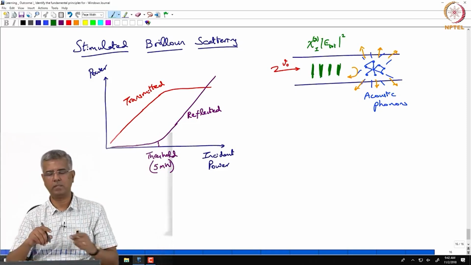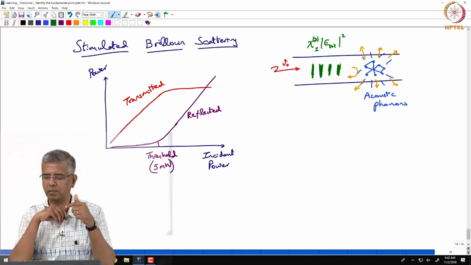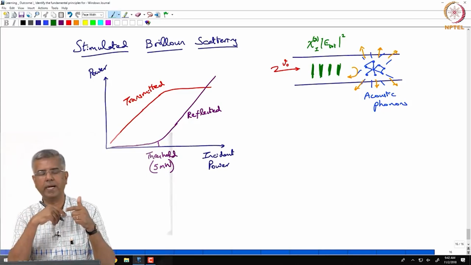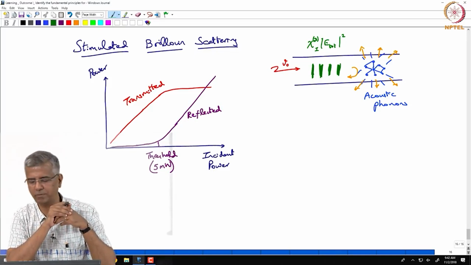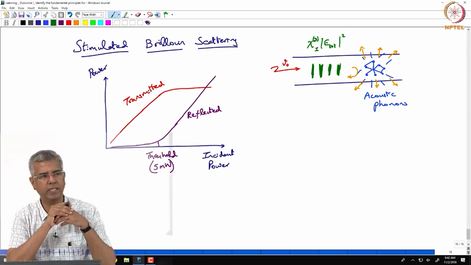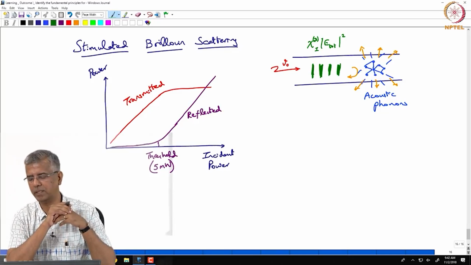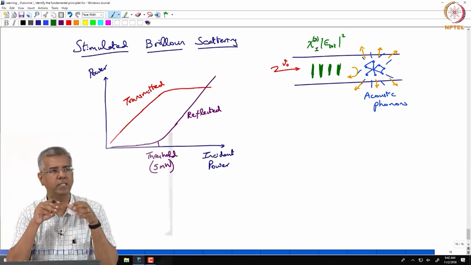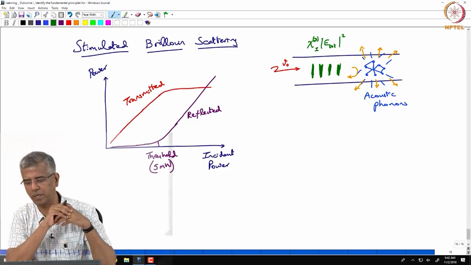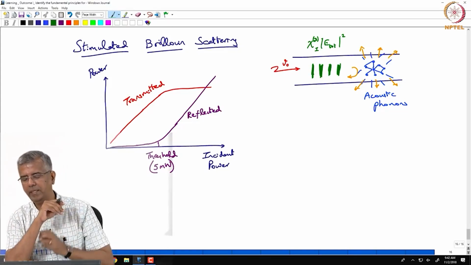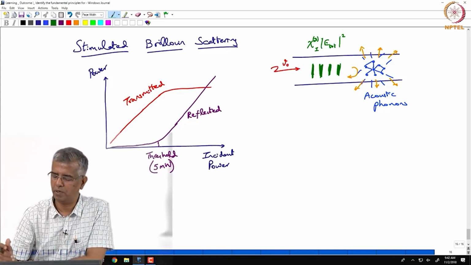That E total is the incident electric field and the scattered electric field. Corresponding to that, there will be a total electric field, and that electric field will essentially cause a change in the response of the medium, a change in the refractive index of the medium, and it will give you this periodic grating.